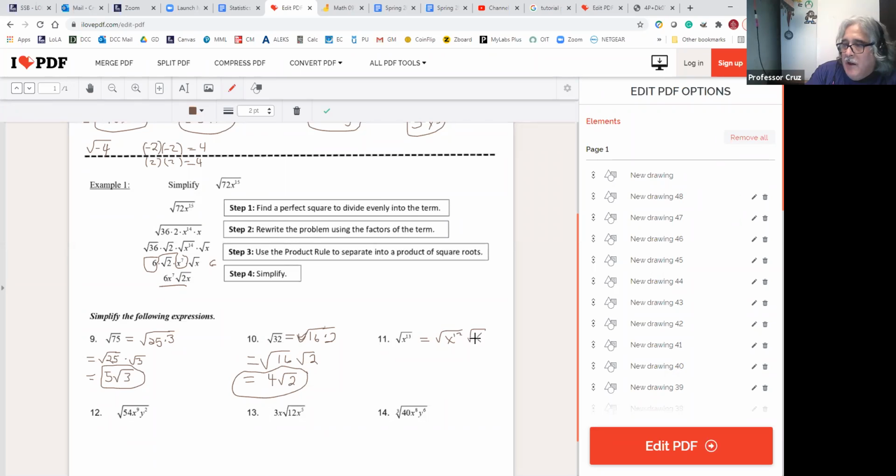That one's going to stay in no matter what we do because that's the irrational part. The square root of x to the 12th is x to the 6th times x. All right? So any questions about that one?